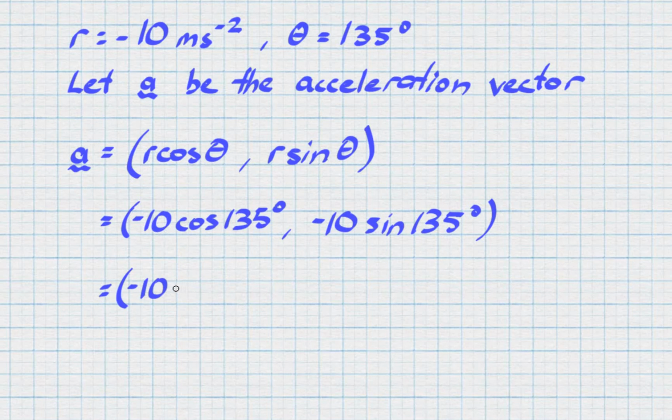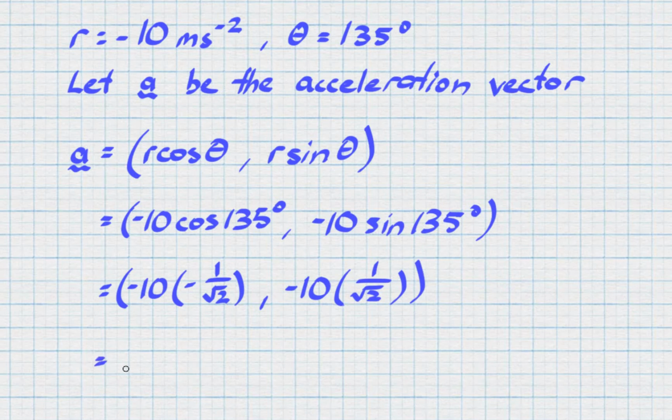But cos is negative in quadrant 2. So we have negative 1 on root 2 there. And sine of 45 degrees is also 1 on root 2, but sine is positive in quadrant 2. So we simply have 1 on root 2.